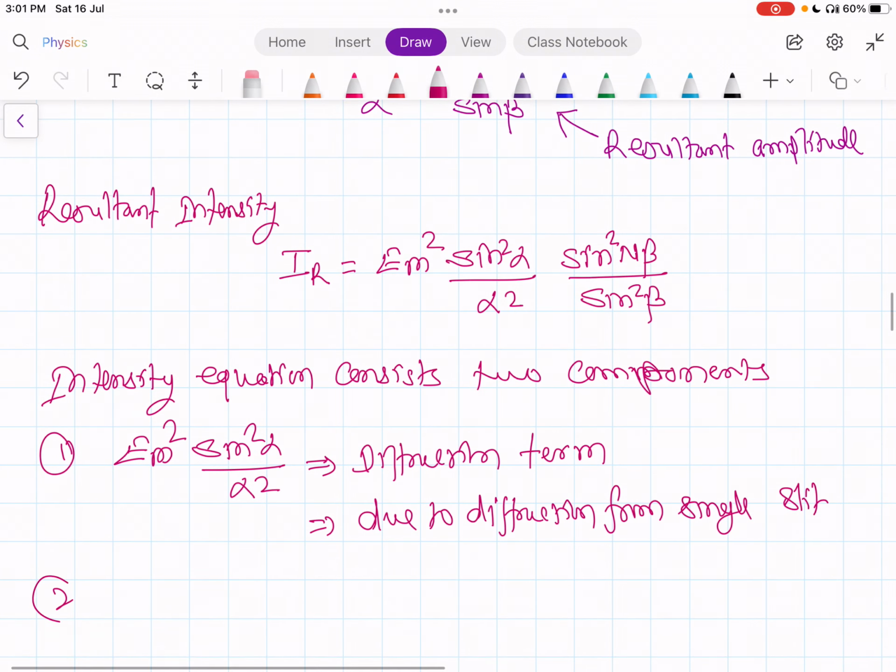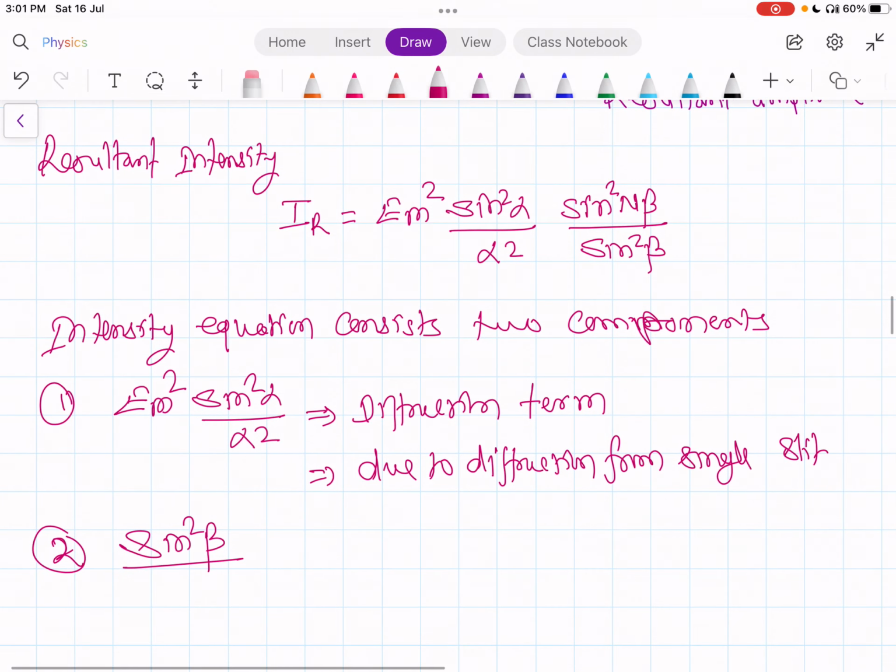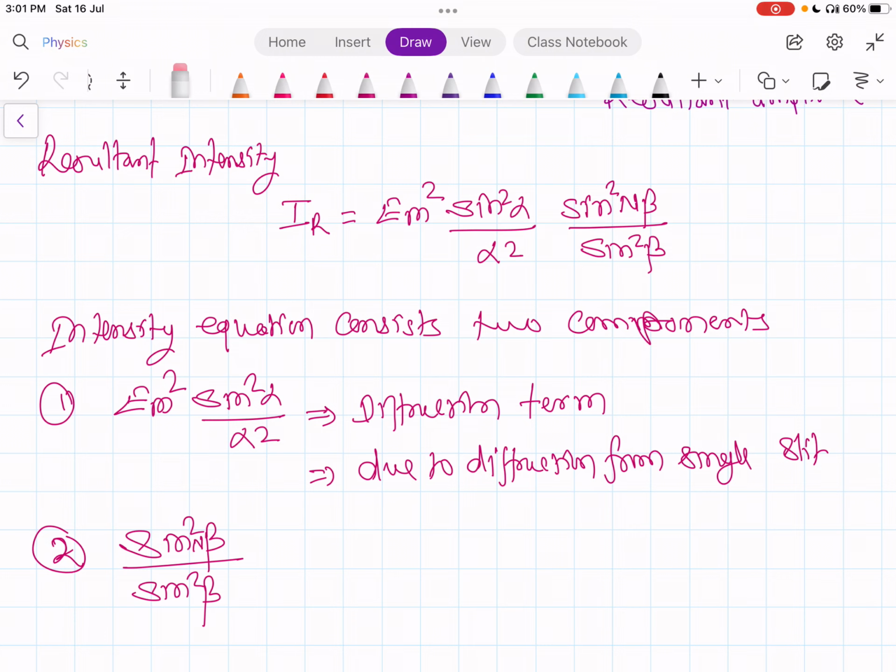And the second component is sine square n beta upon sine square beta, and this is the interference term.